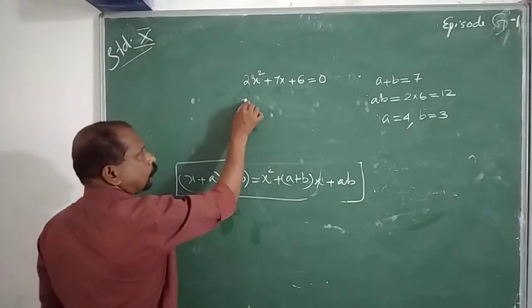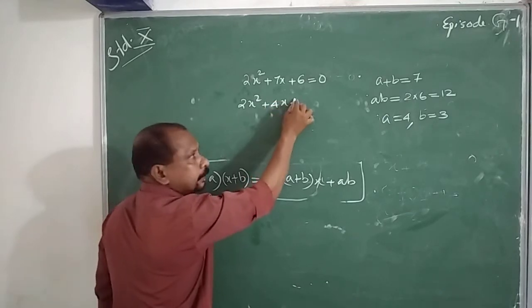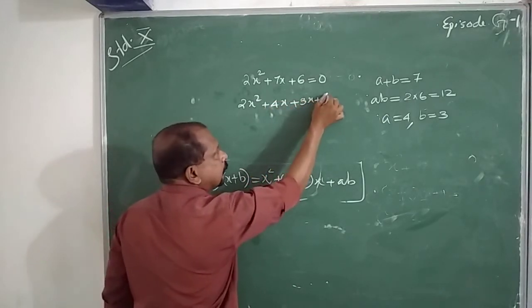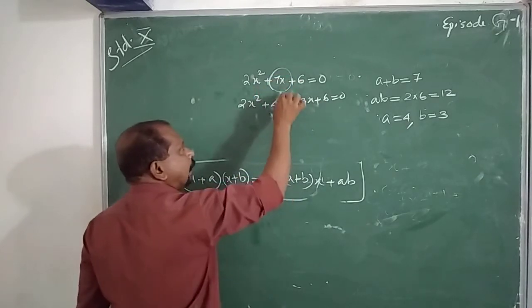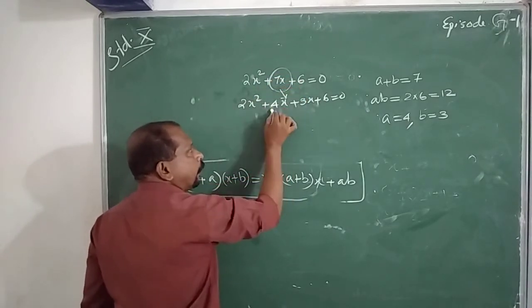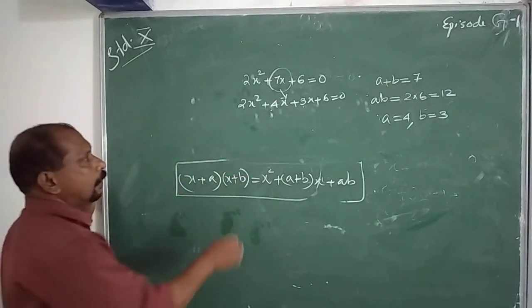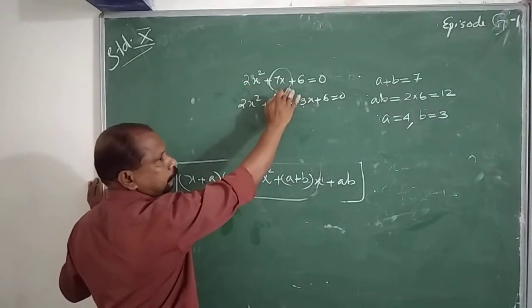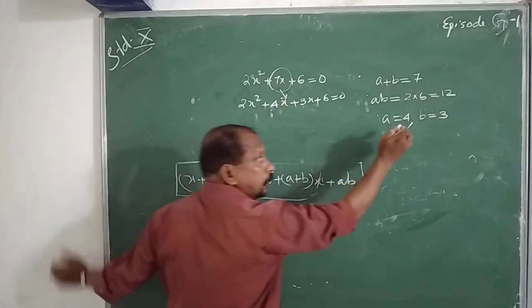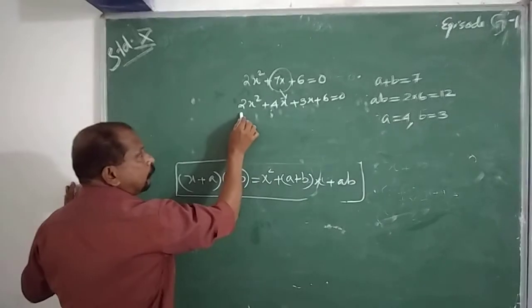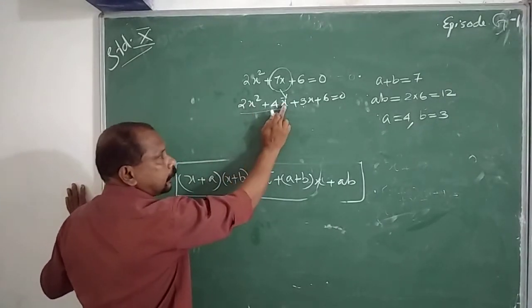That is 2x square plus 4x plus 3x plus 6 is equal to 0. We can convert 7x into 4x plus 3x. Then how many terms? There are 3 terms of the expression. We can split it into 4 terms using these 2 values. Then, from the first 2 terms, this is x square, this is x.